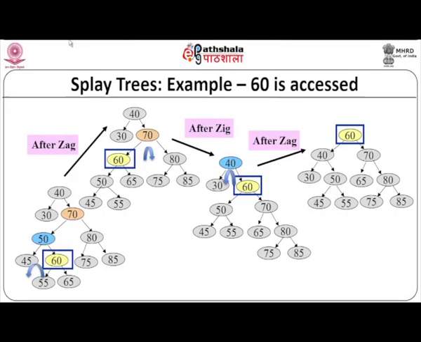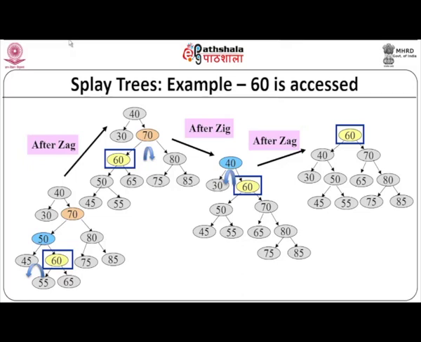Okay. So, then let us assume that 60 is accessed; this is a different type. After 60 is accessed, you have to move 60 up. The color codes are telling you about the parent and grandparent. After the zag operation, it becomes the second case.